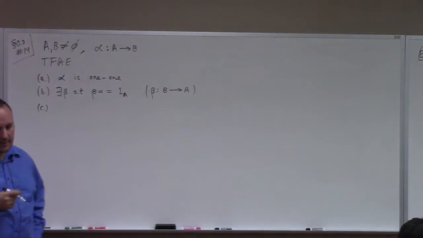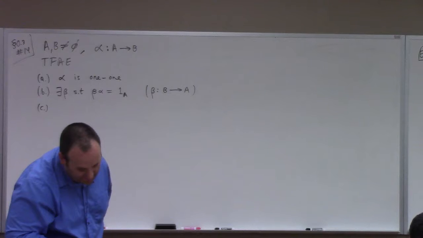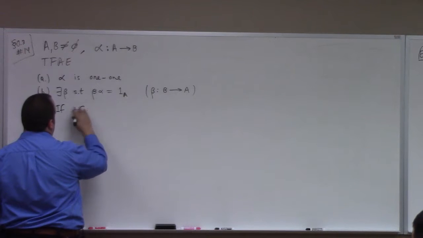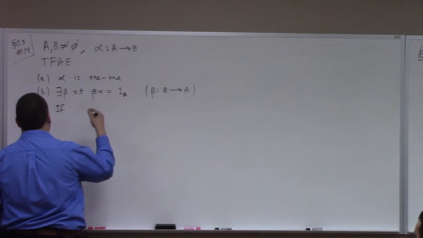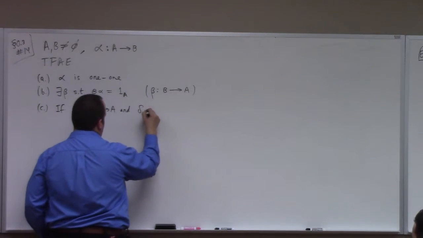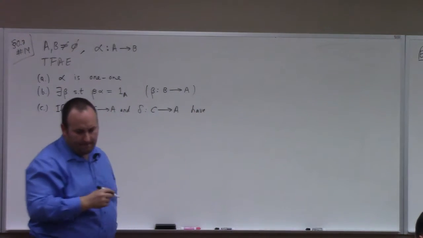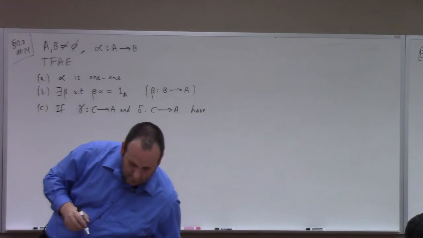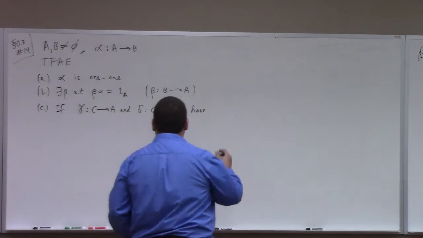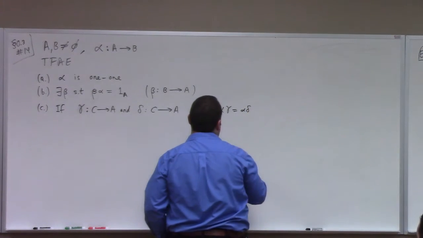C: if gamma from C to A and delta from C to A satisfy alpha gamma equals alpha delta, then gamma equals delta.